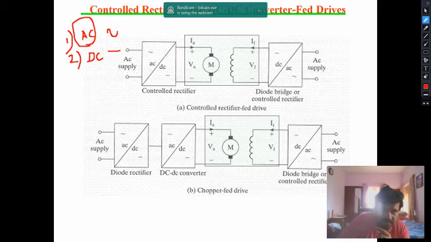A DC motor is going to accept only DC, and in order to control the speed, this VDC should be made variable.